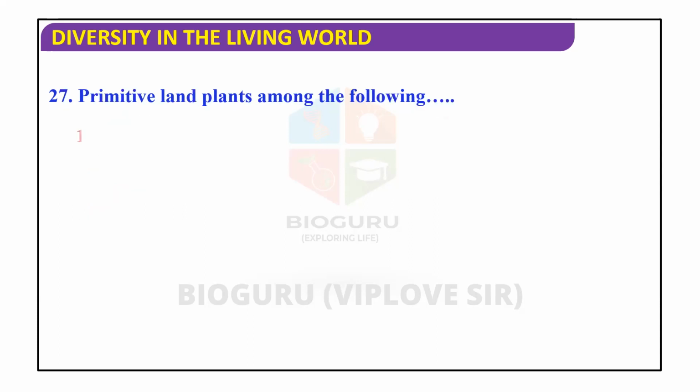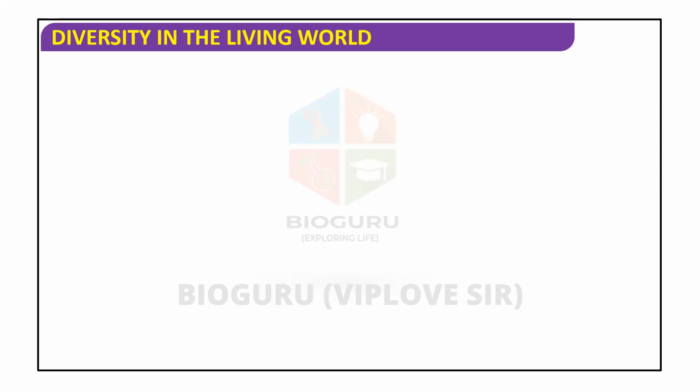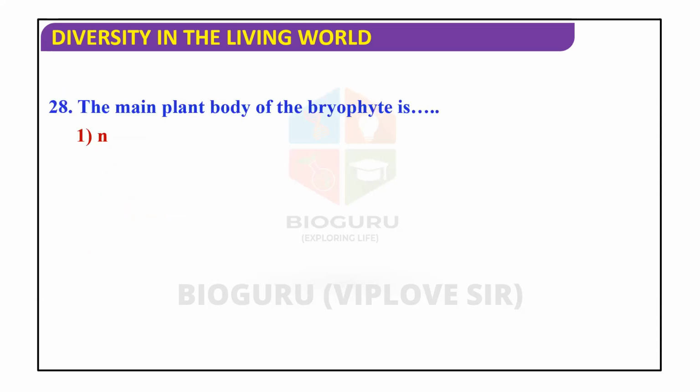That's good. Primitive land plants among the following: algae, lichens, bryophytes, or ferns. Primitive land plants, which are terrestrial, it is bryophytes. That's good. The main plant body of the bryophyte is, we study haploid and diploid, so the main plant body of the bryophyte is n haploid, 2n diploid, 3n triploid, or 4n tetraploid.